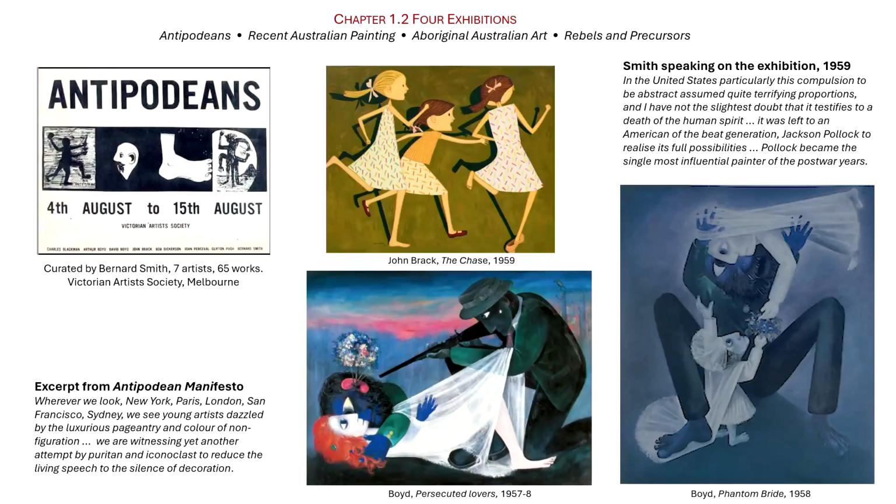They want to have an exhibition that says, no, Australian art is up there with the Americans, just as good as the American abstract expressionists, this reactionary Antipodeans thing. Antipodeans is Bernard's term for basically, he says the Antipodeans are Pollock, Boyd, Tucker, that generation, and then the second generation who come after him.